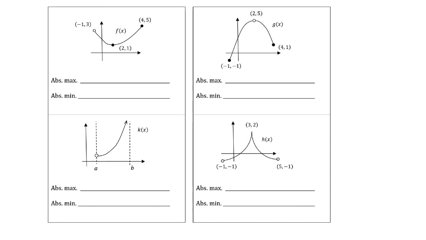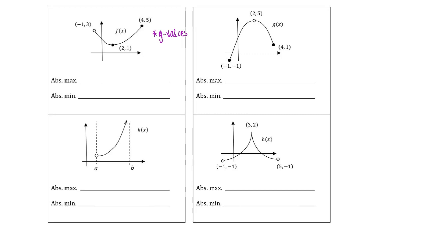Looking at your ordered pairs, keep in mind that the absolute max or min value will be the y values. That's what you're looking for, not the x. The x is going to give us the location, and the y values will give us the actual value of that function.